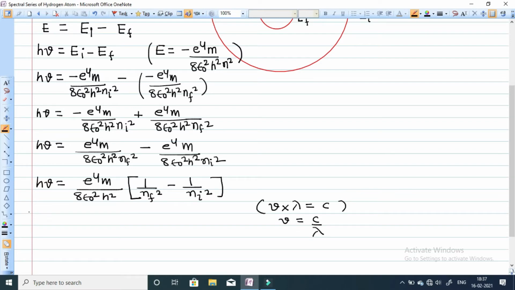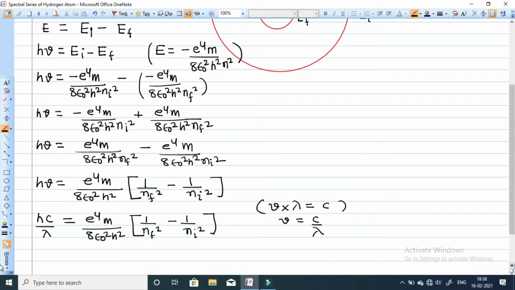This frequency we can replace here, so it will become h c upon lambda, equal to e to the power 4 into m upon 8 into epsilon naught square into h square into 1 upon n final square minus 1 upon n initial square.